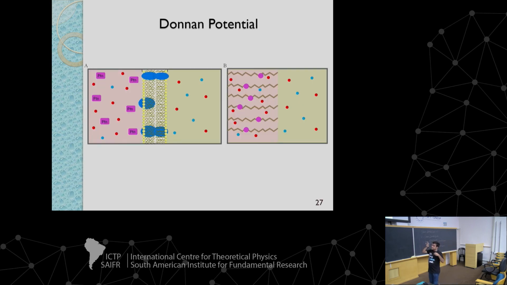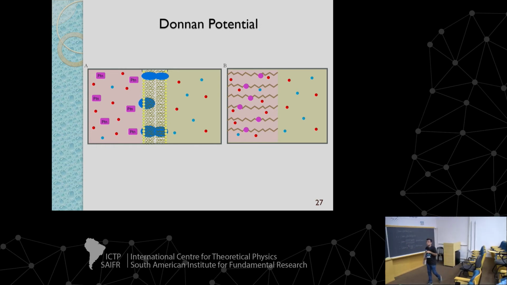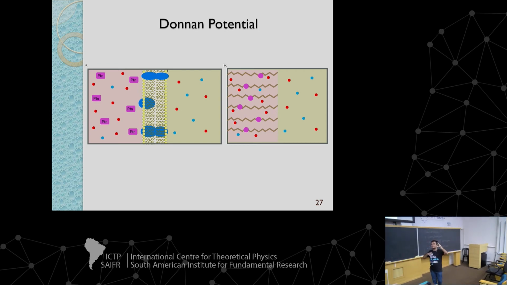And using the same model, we showed that we can predict, for example, the Donnan potential. There is the difference of electrostatic potential across the membrane, or across a barrier between two phases with different charges.